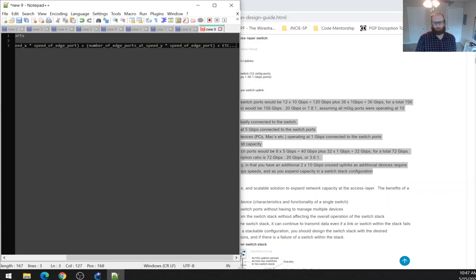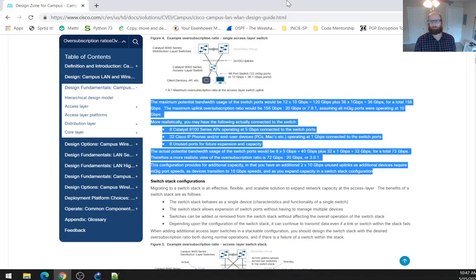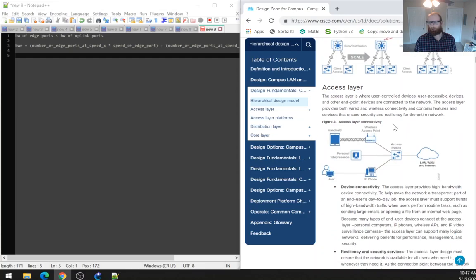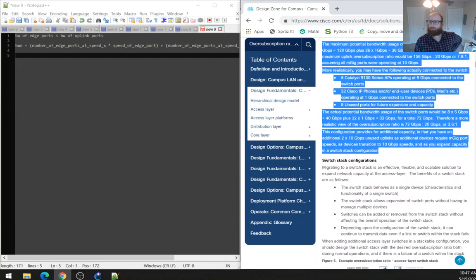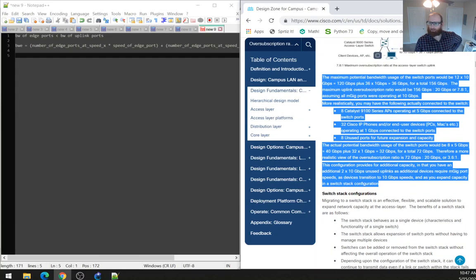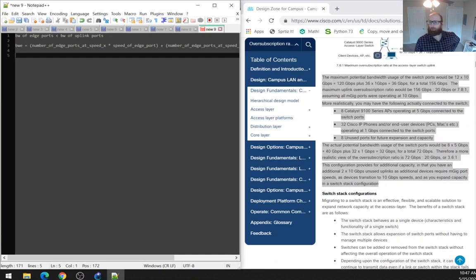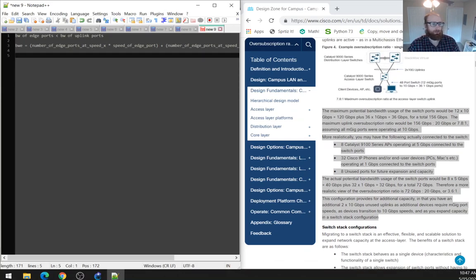So for this hypothetical network here, we've got 8 Catalyst 9100 series access points, and these are all operating at 5 gigabits per second.